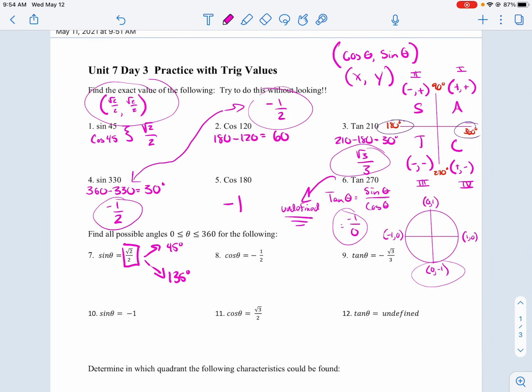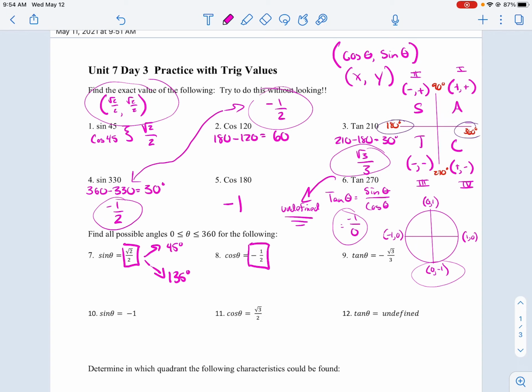Okay, the next one. We have to think about when we have a cosine of 1/2. Our reference angle for that is 60 degrees. However, 60 degrees is in the first quadrant, where our cosine value is positive. So you have to think about, as we go around the unit circle from 60 degrees, where do we have a cosine of negative 1/2?